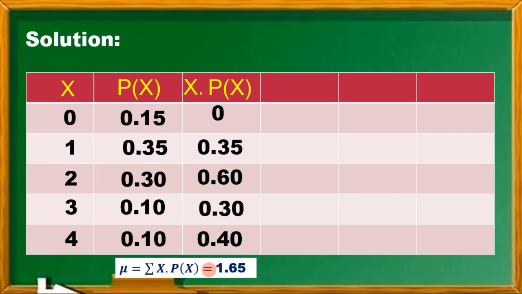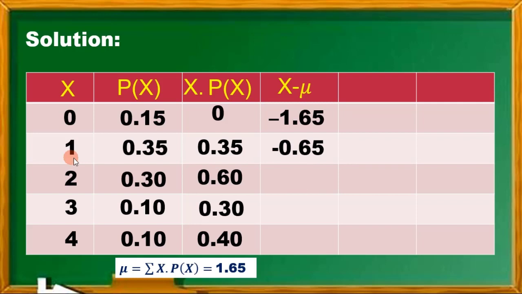Moving on to find the sigma or the standard deviation, since we already found the mu, which is 1.65, we subtract it from the values of x. So let's do that here. This is 0 minus 1.65, that is negative 1.65.